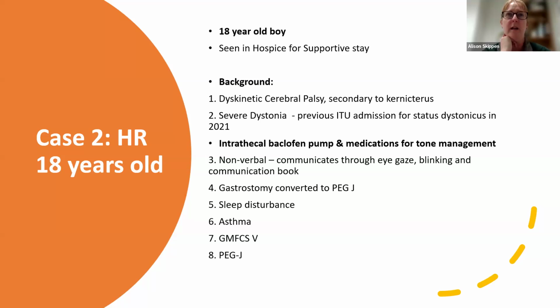So we've got the children's hospices, and the hospices are not just for palliative care, so end of life care, they're also for supportive care stays. So we often parallel plan.